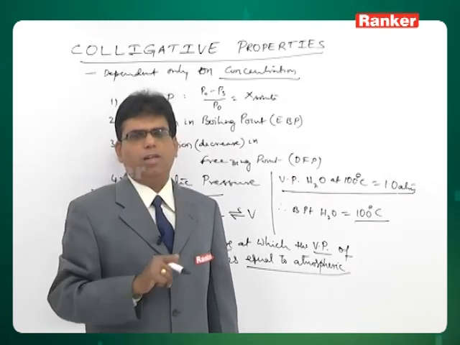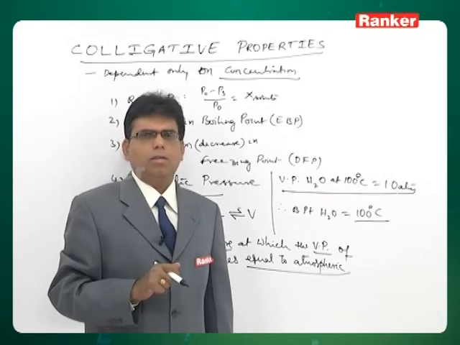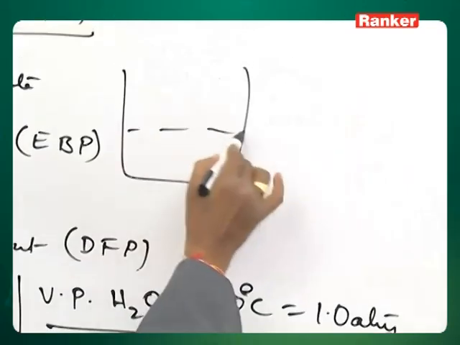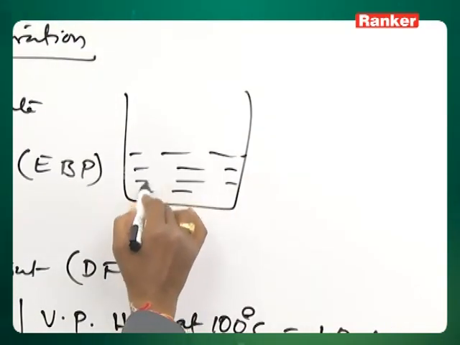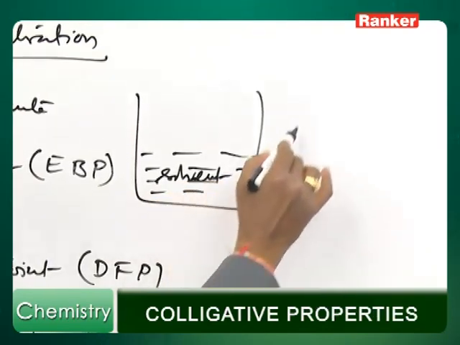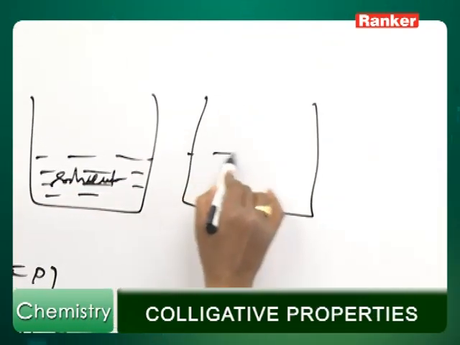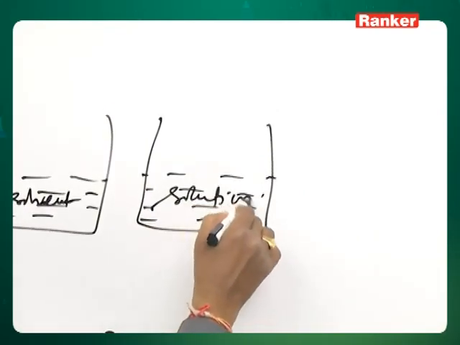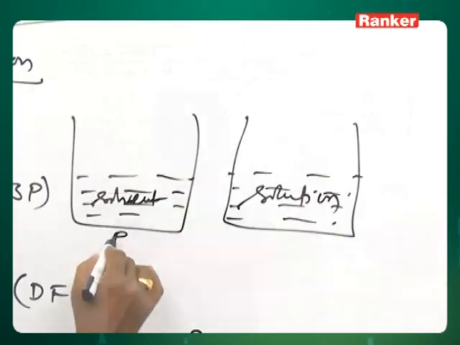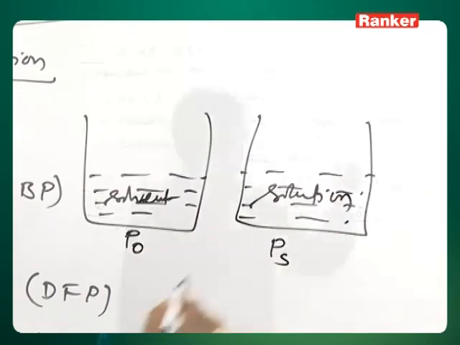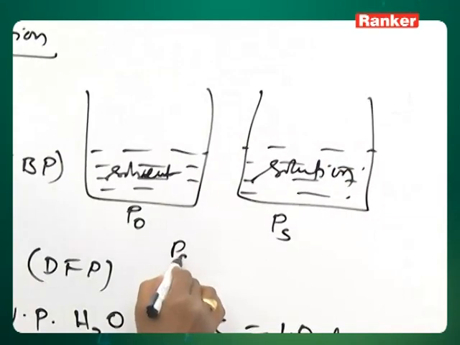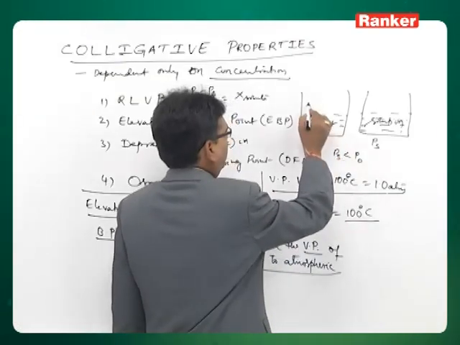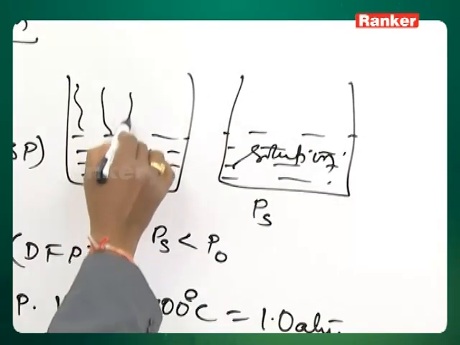So, when you compare a pure solvent and a solution, the solvent vapor pressure is P naught, the solution vapor pressure is Ps, and Ps is less than P naught.